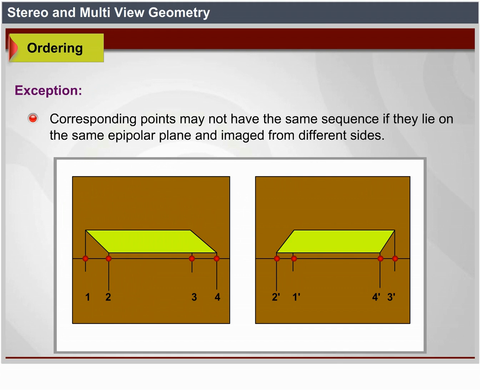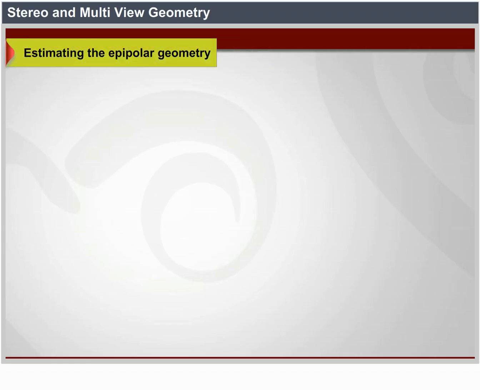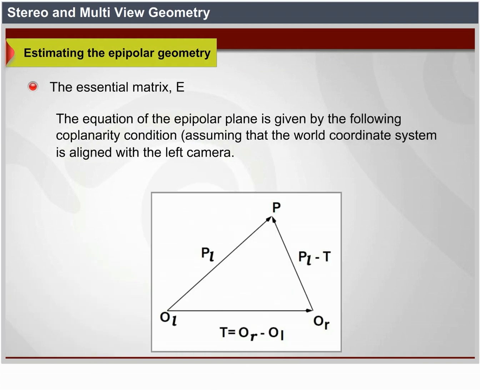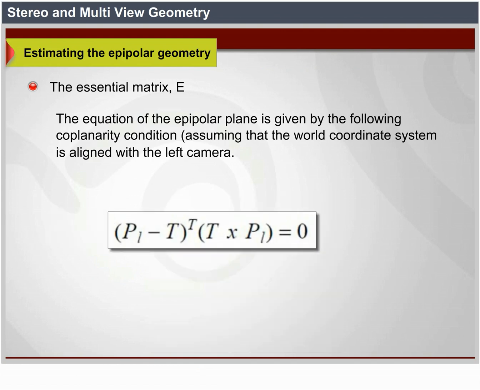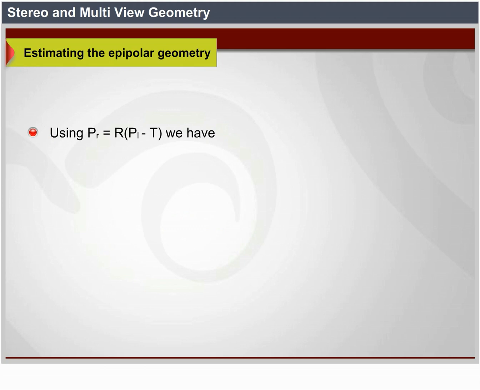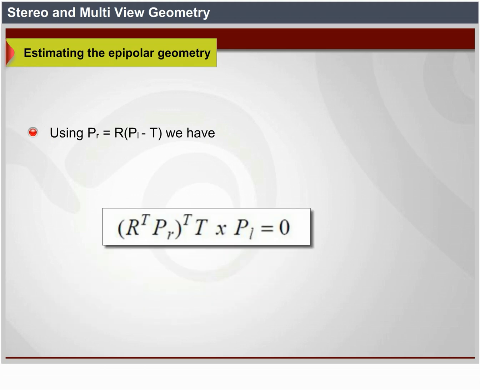Estimating the epipolar geometry. The essential matrix E. The equation of the epipolar plane is given by the following coplanarity condition, assuming that the world coordinate system is aligned with the left camera: (PL minus T) raised to the power T into T cross PL equals 0. Using PR equals R into (PL minus T), we have (R raised to the power T into PR) whole raised to the power T, T cross PL equals 0.